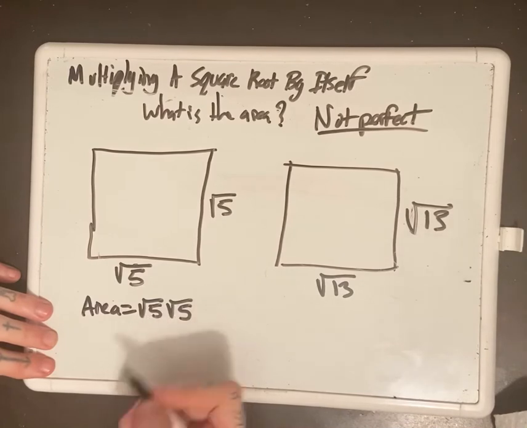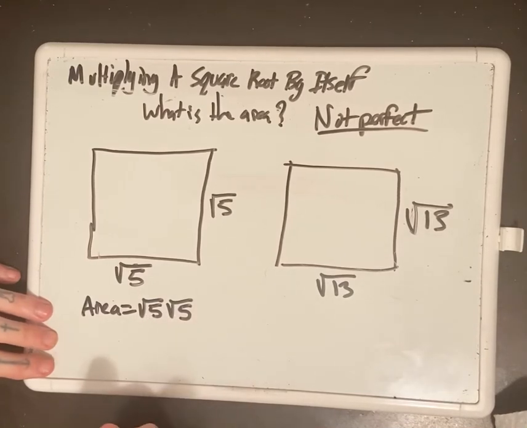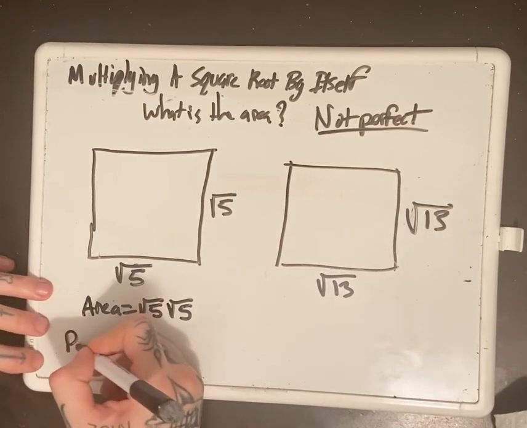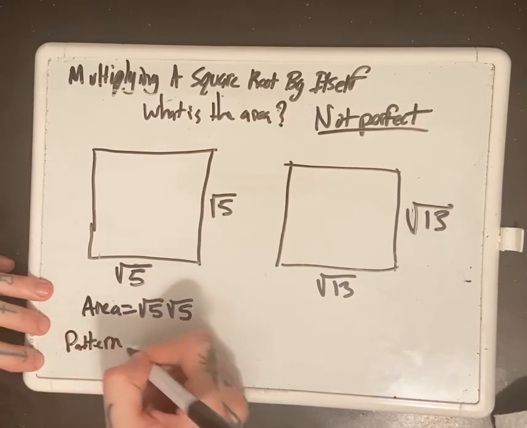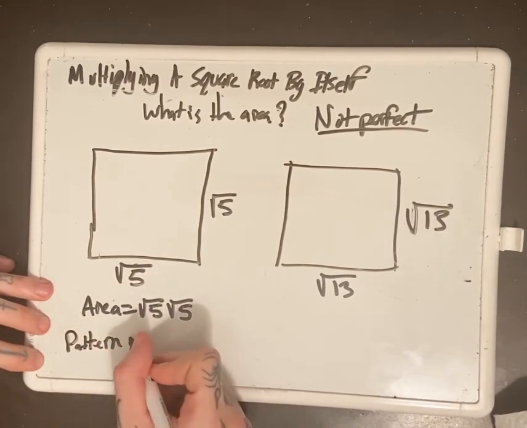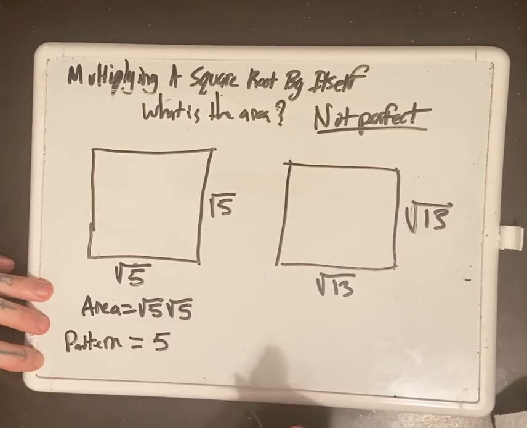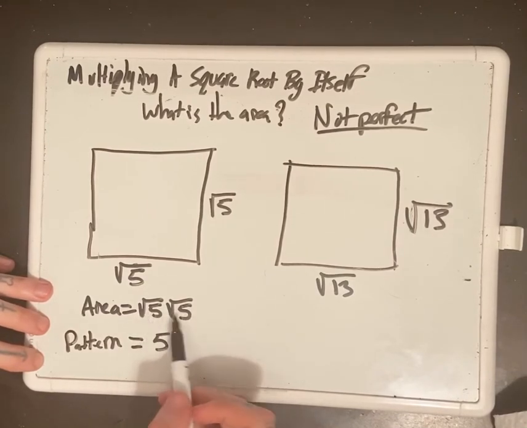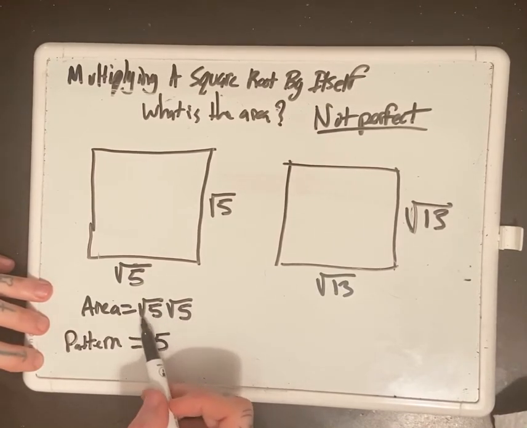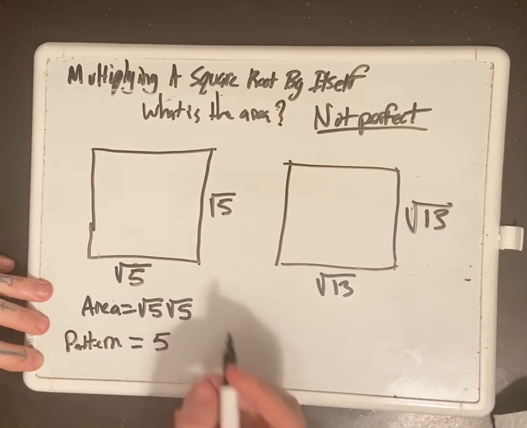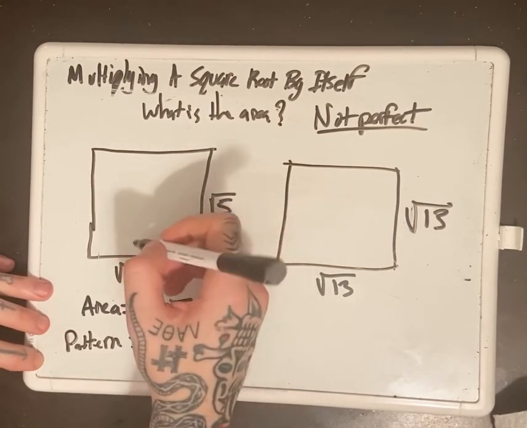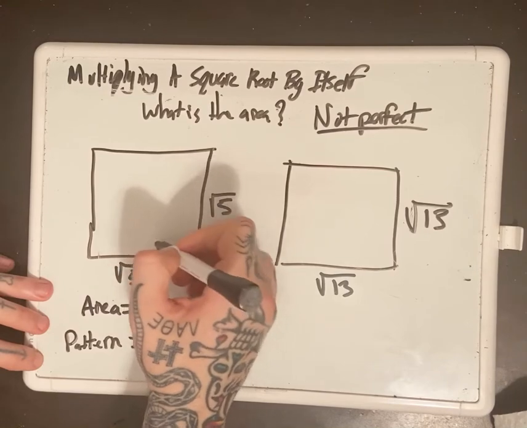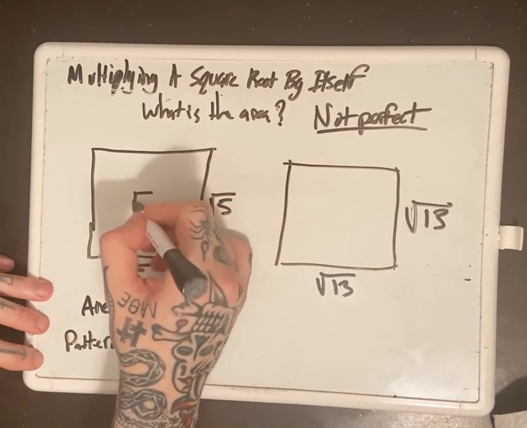So I can't take the square roots of 5. But if I use the pattern, I know that this has to equal 5 because they're both 5. They're both under a radical and they're being multiplied together, so the area here would be 5.